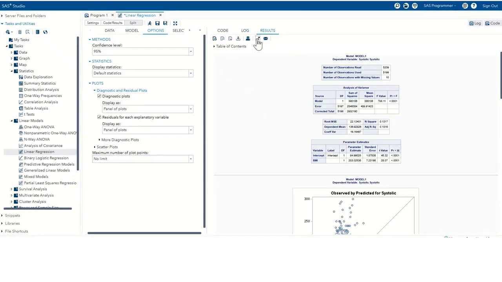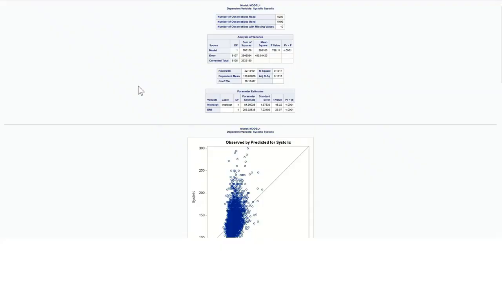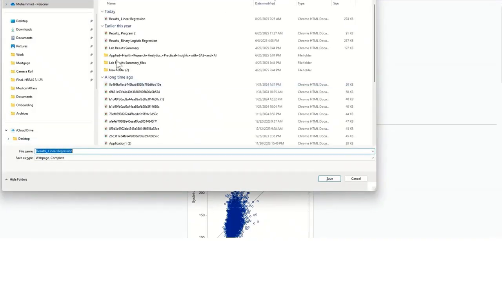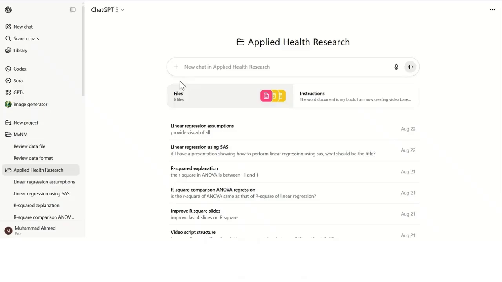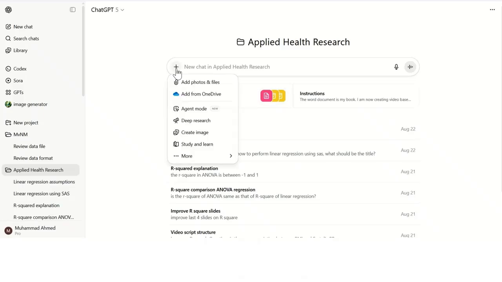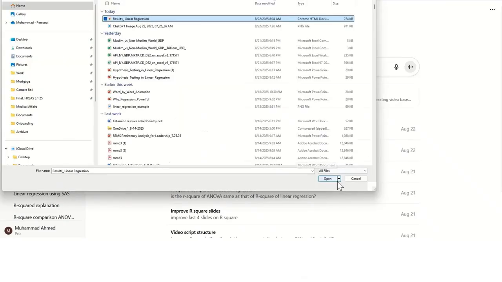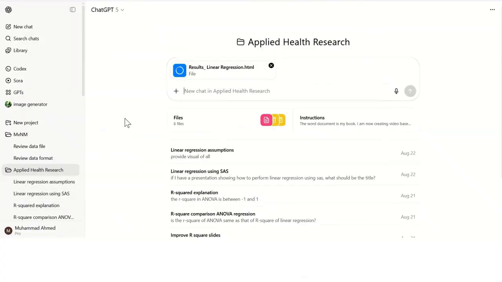Okay, so here are our results. What I am going to do is save it as a PDF first in my download folder, and yeah, I will replace it. And I'm going to upload this whole file to ChatGPT. In that case, it should have all the visuals uploaded there, so I don't have to upload the visuals separately.